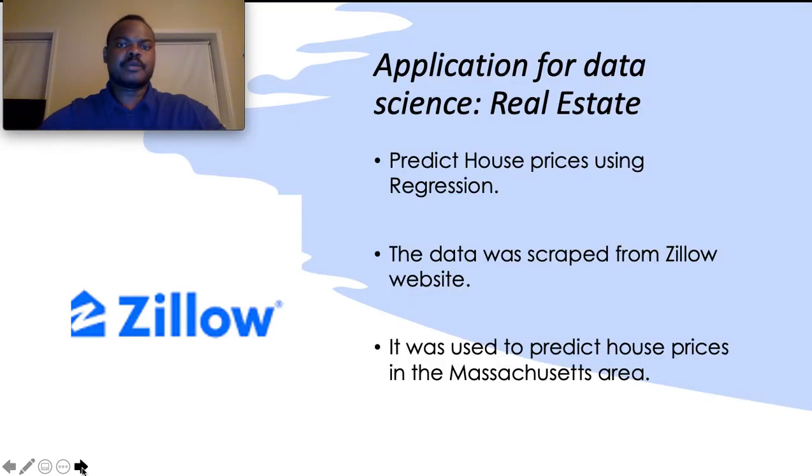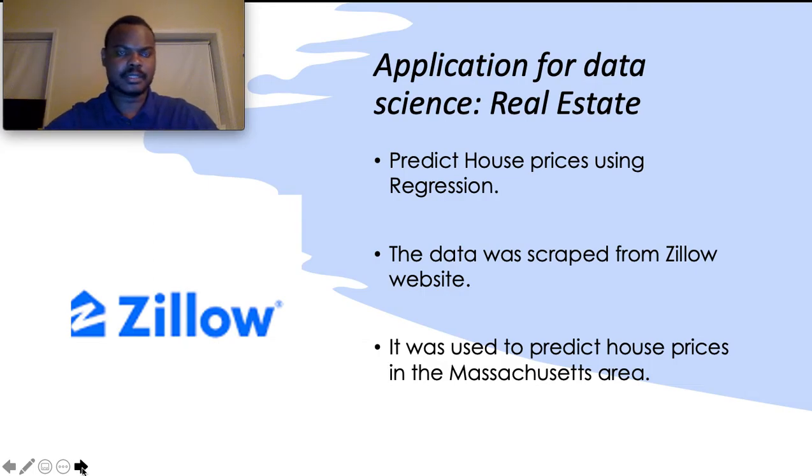The first project we're going to look at is within real estate. We're going to try to predict house prices using regression. I actually worked on this project myself, and I took data from the Zillow website.